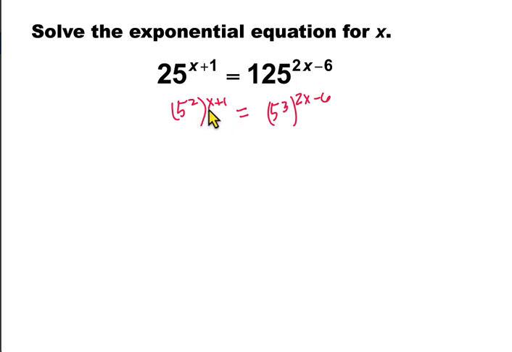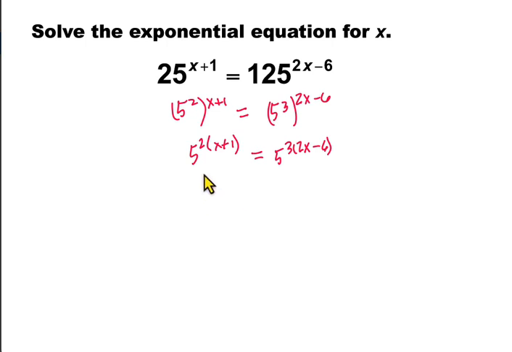We can further simplify the term on the left by multiplying the exponents, so we get 5 to the 2 times the quantity x plus 1 power equals 5, and same idea here, multiply the exponents, 3 times the quantity 2x minus 6.